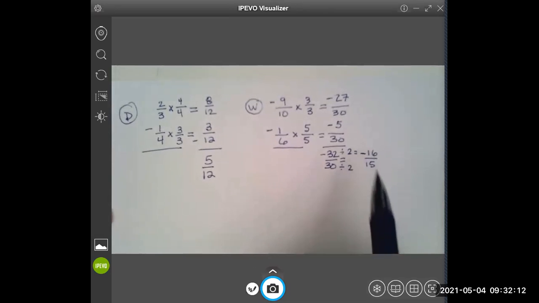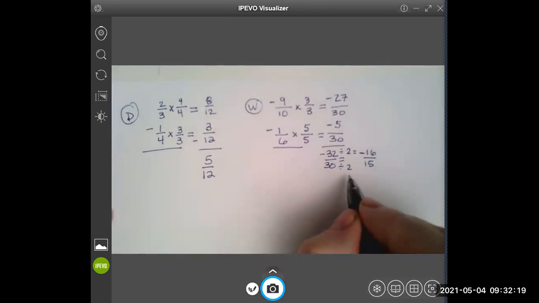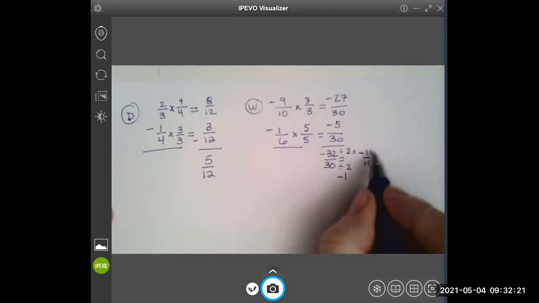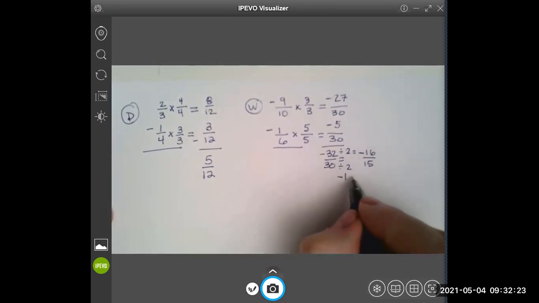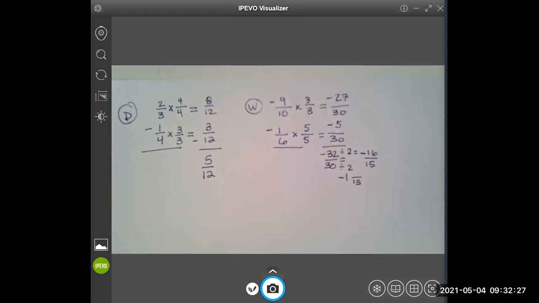This is an improper fraction, right? So how many 15s are in 16? 1. And then how many would be left over makes the fraction part. So what would the remainder have been? If I divide 15 into 16, I get 1 whole, and what's my remainder?